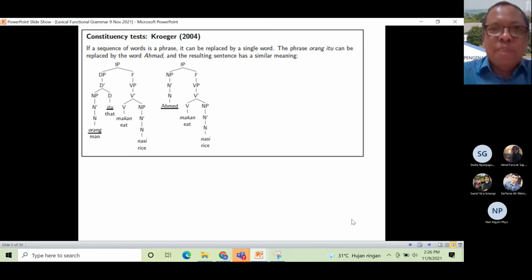I think it's similar to the distribution or replacement test. The phrase orang itu, that man, for example, can be replaced by the word Ahmad, and the resulting sentence has a similar meaning. Therefore, orang itu and Ahmad should be considered the same phrase.